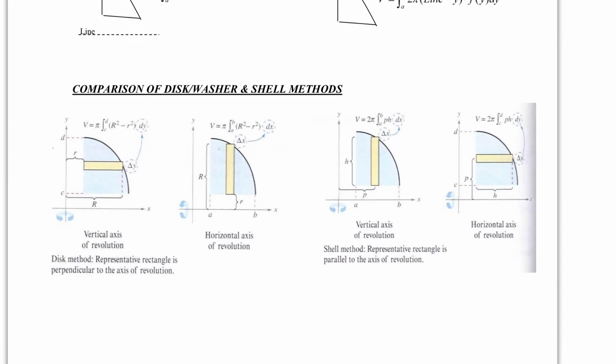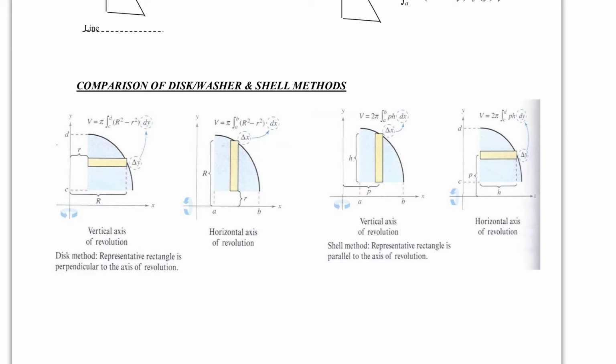All right, here are all the methods in a nutshell. Here's the disc and washer and the shell methods. Remember, for the disc and washer method, if we're going this way, you want to go perpendicular to the axis of rotation. Over here, if we're rotating it this way, perpendicular. However, if we do shells and we're going in this manner, we want to be parallel.